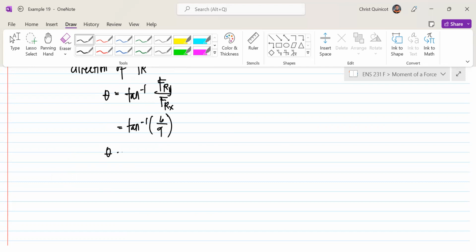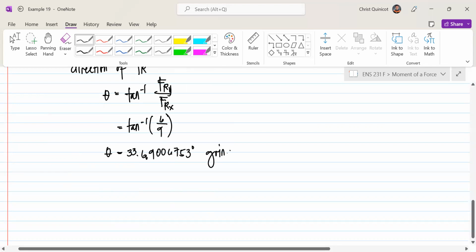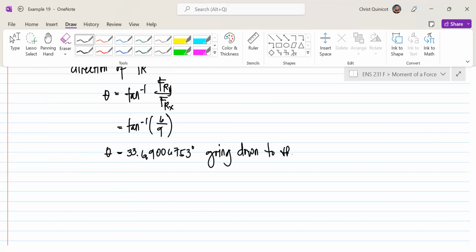Theta is the inverse tangent of 6 divided by 9, which is 33.6900675 degrees going down to the left.